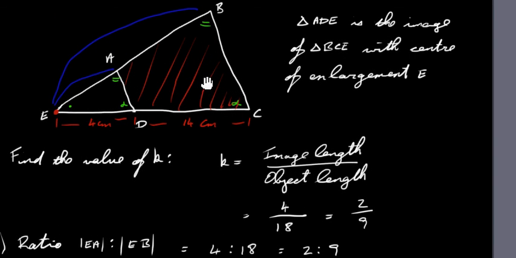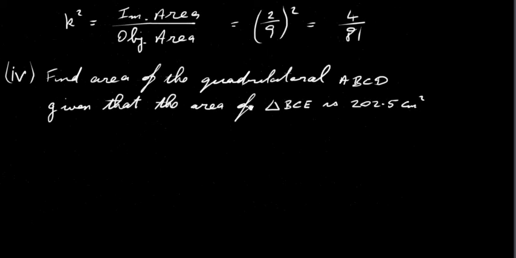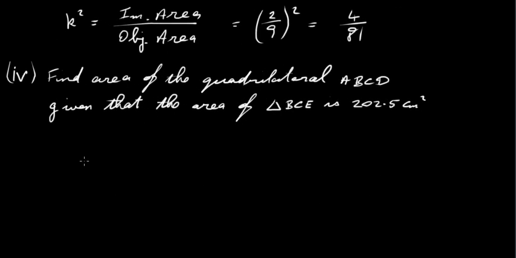So what I'm going to do first of all is find the image area. I'm going to subtract it from the object area, and that will give me the area of this quadrilateral. So how are we going to find the area of this image? All we've got to do is use our second formula. We can see that k squared is equal to the image area divided by the object area.